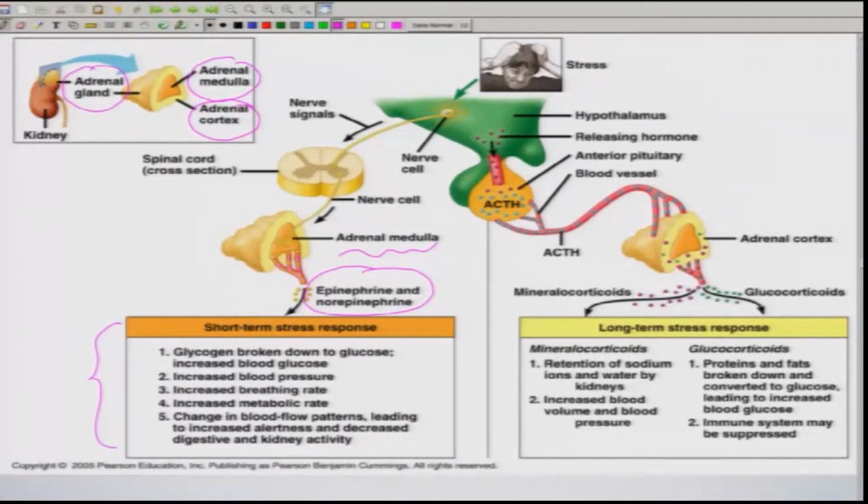Whereas out here, the hypothalamus releases hormones, the anterior pituitary secretes ACTH, and ACTH acts at a distance, all the way at the cortex of the adrenal gland, asking it to secrete mineralocorticoids and glucocorticoids. Mineralocorticoids are involved in the retention of sodium ions and water by the kidneys, which increases the blood volume and the blood pressure. Contrary to that, with glucocorticoids, proteins and fat are broken down and converted to glucose, leading to increased blood glucose, and the immune system may be suppressed. So keep these in mind.